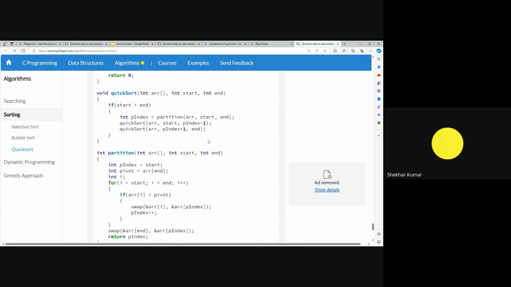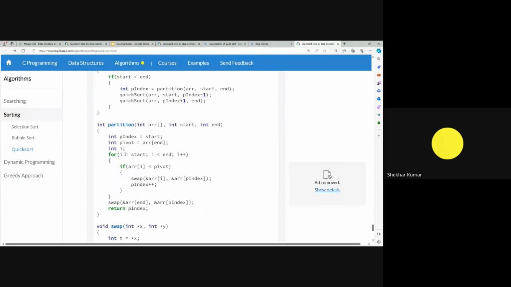In the partition algorithm, based on your p index, the pivot value index, if the value of pivot is less than the element at the last, now I will check the pivot value for all the elements. I will compare all the elements with the pivot value.